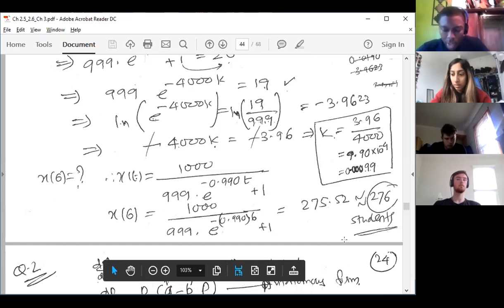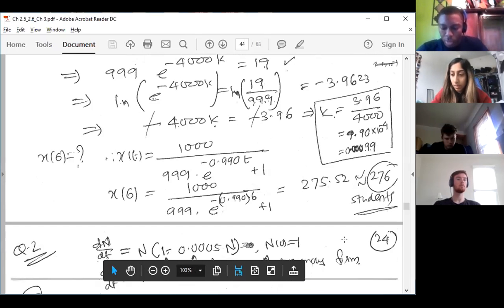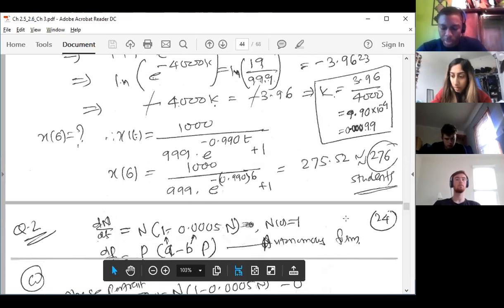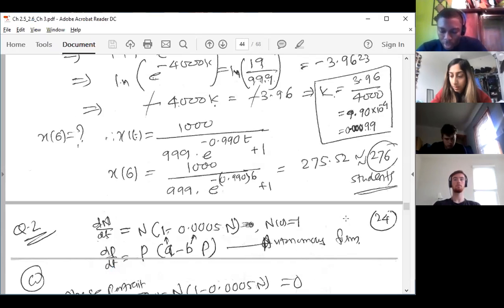The number N(t) of supermarkets throughout the country that are using the computerized checkout system is described by the initial value problem dN/dt equals N times (1 minus 0.0005 N), N(0) equals 1.